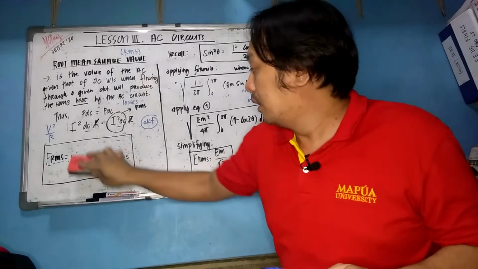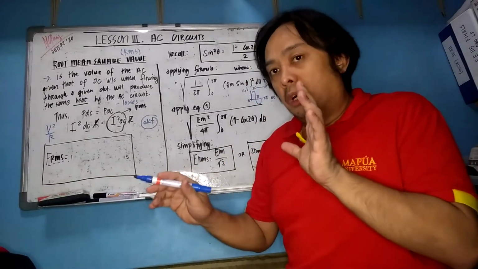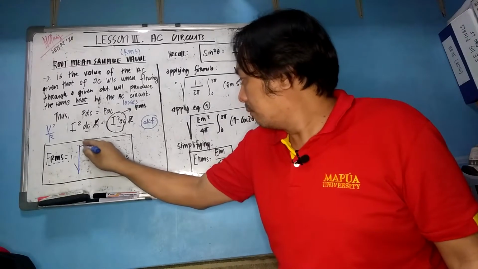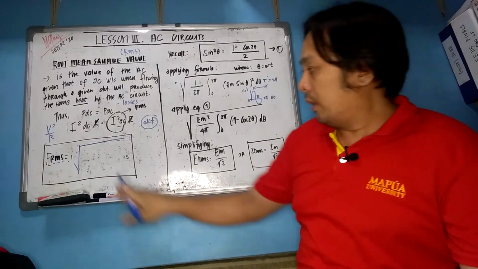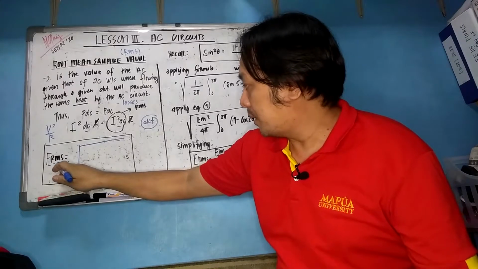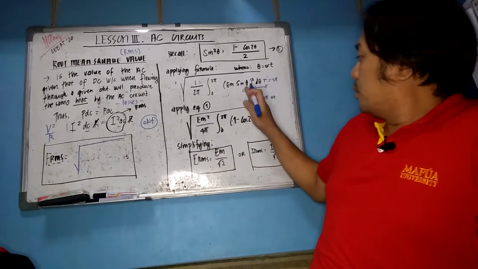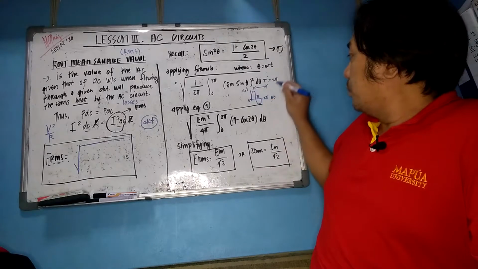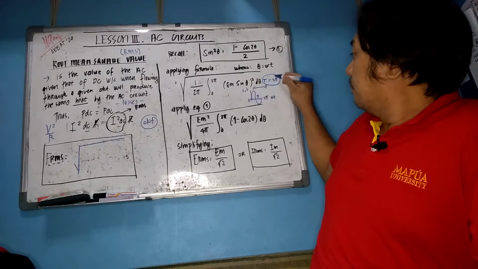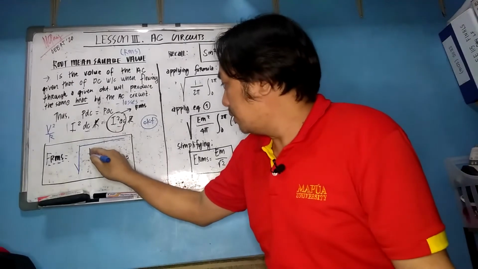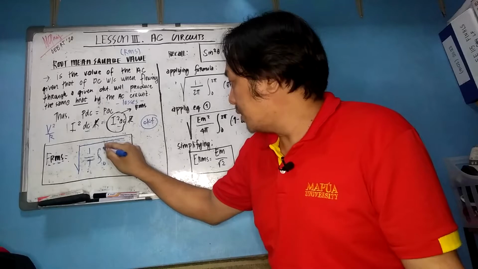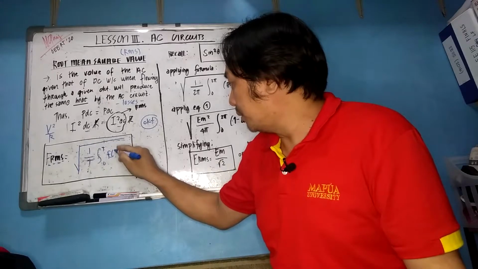So when you say root mean square, when you say mean, it is an average, right? So the average of this whole signal here from a certain period. So we could say the period is T. So get the average, 1 over T from 0 to T of the function.